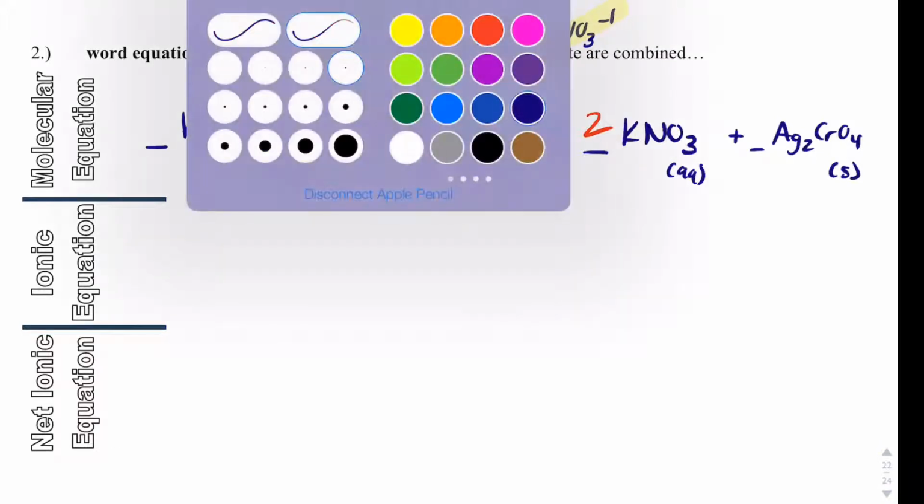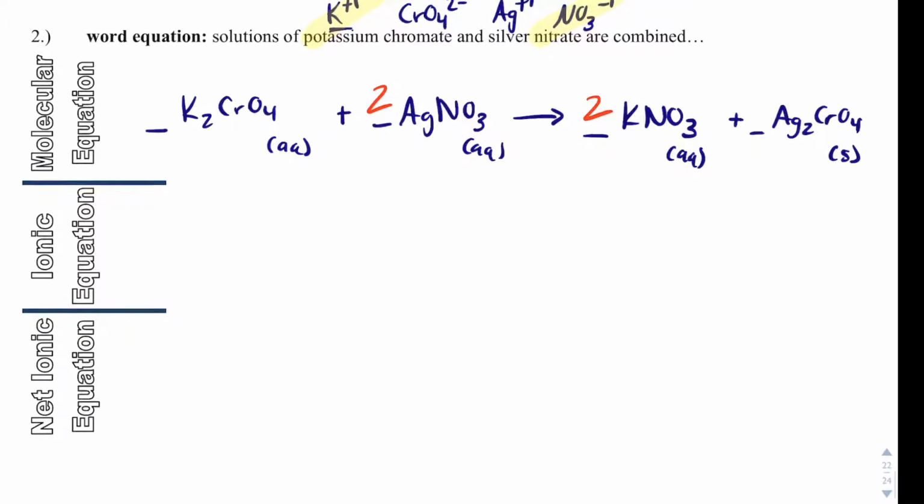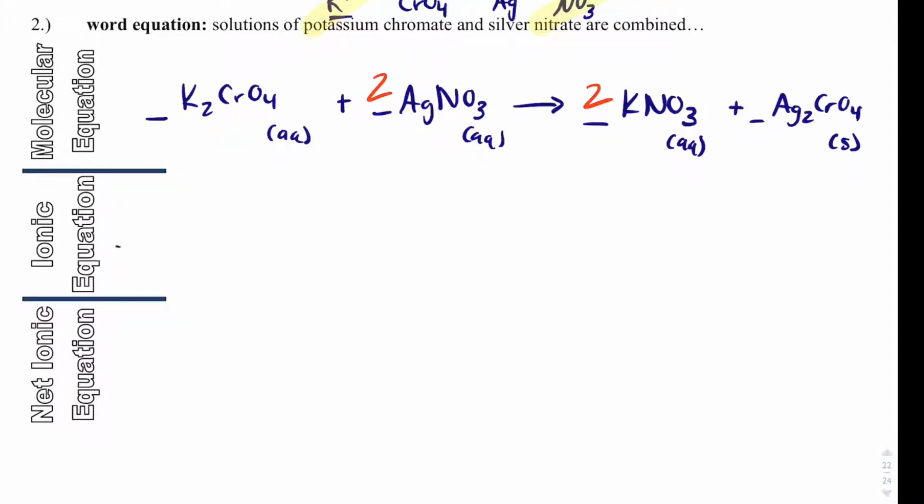And then let's go ahead and make the ionic equation. For an ionic equation, that is just break apart anything that's aqueous. But if it's not aqueous, we don't need to worry about breaking it apart. So I have potassium chromate here, so I'll break that apart. We have K+1, just break it apart into its ions, and then we have CrO4 with a 2- charge.